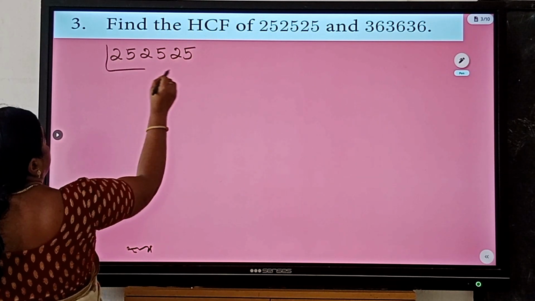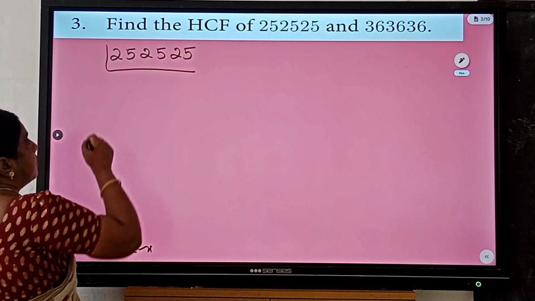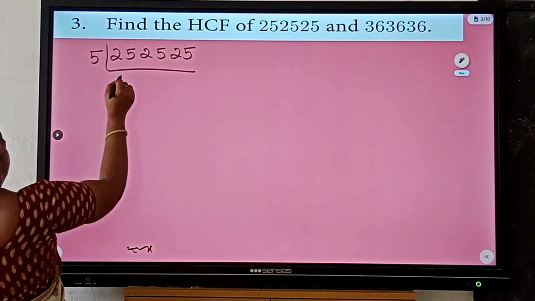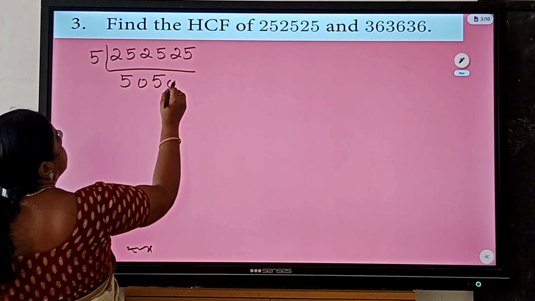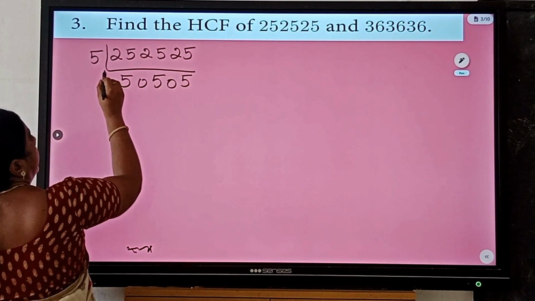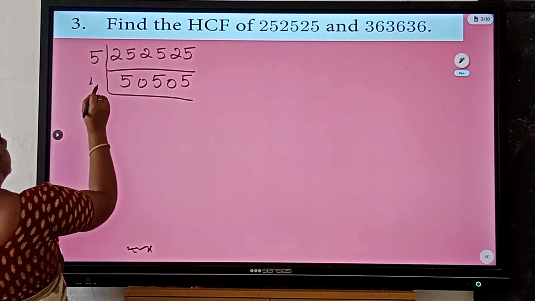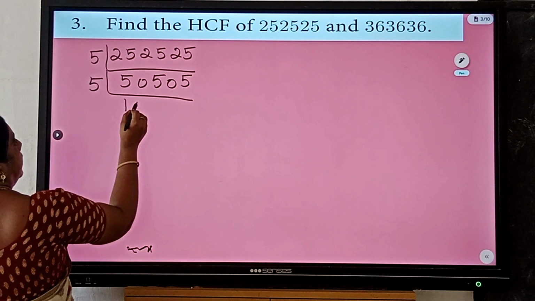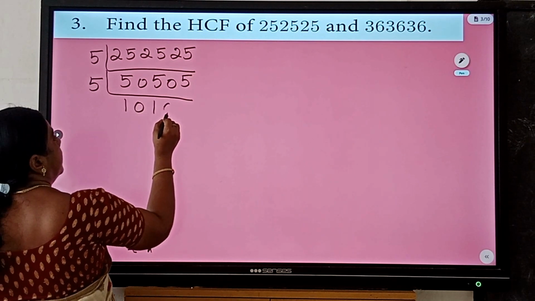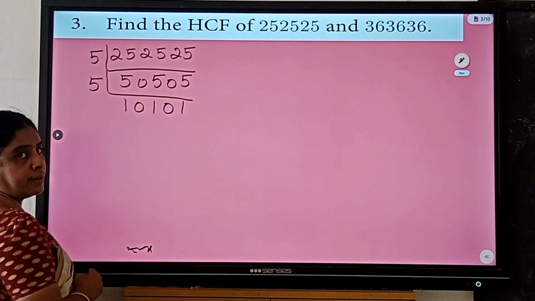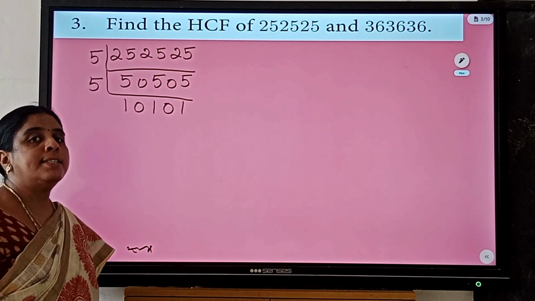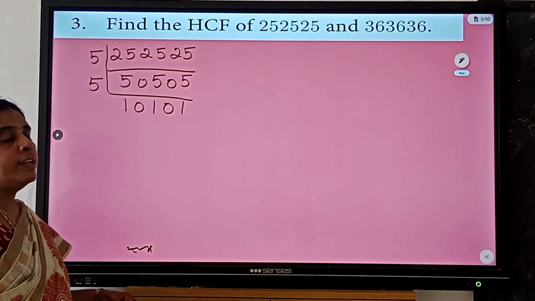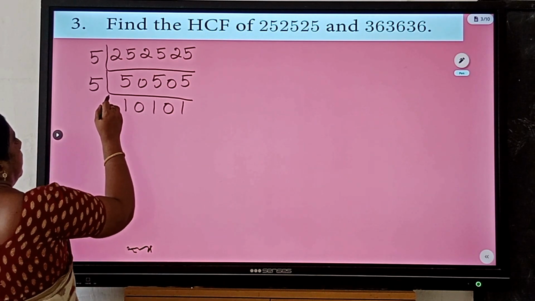252525. A number ending in 5 is divisible by 5. 5 5s are 25, 0, 5, 0, 5. Again we are dividing this by 5. 1, 0, 1, 0, 1. So this 10101 is a prime number which can only be divided by 1.